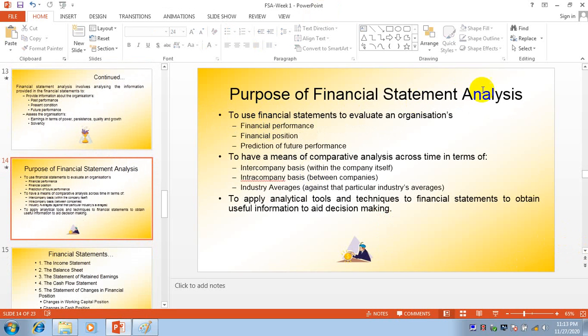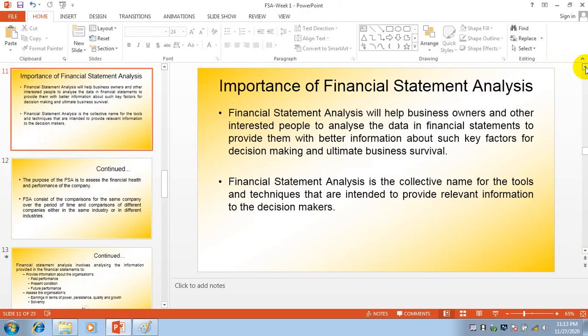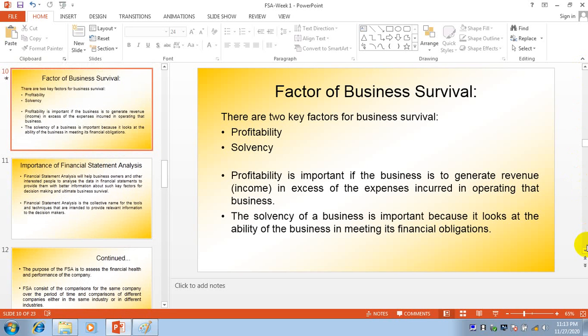Purpose of financial statement analysis, it is continued. We are studying the importance of financial statement analysis.